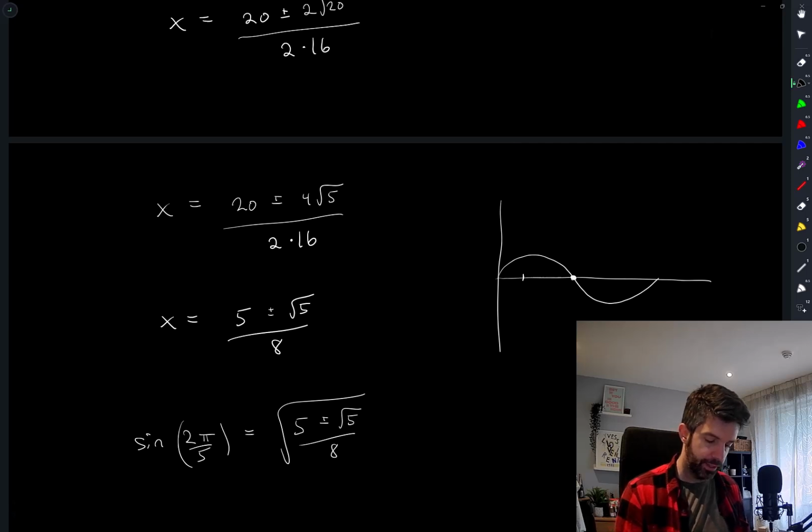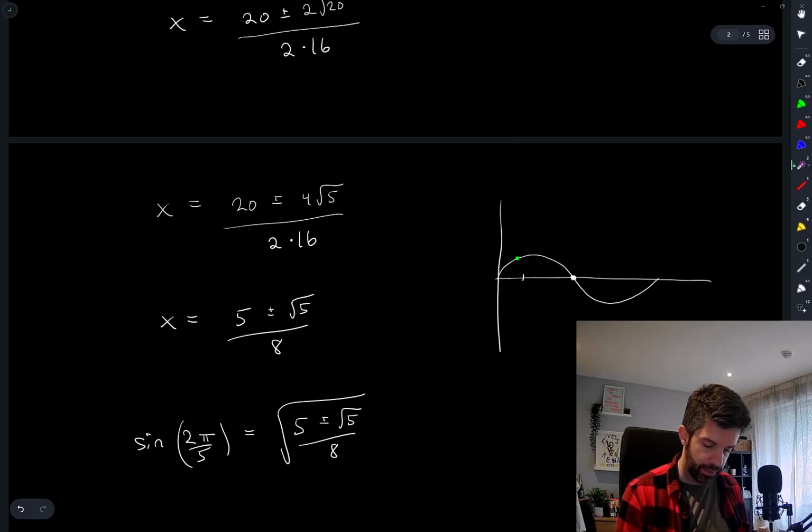My instinct is that it's going to be the positive one. Well, instinct, because if I take 5 plus root 5, we get pretty close to 8, right? Root 5 is between 2 and 3.